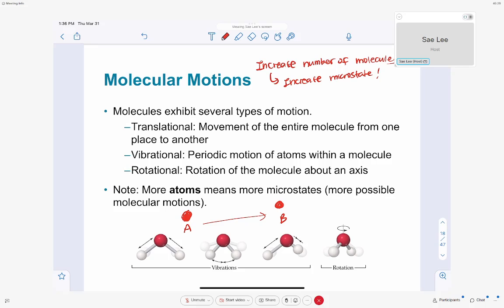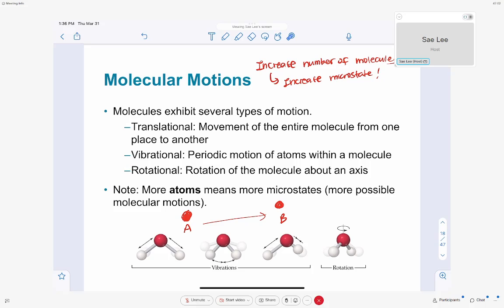Vibrational motion is a periodic motion of individual atoms within a molecule. The entire molecule doesn't really move, but the atoms within the molecule shake and vibrate. As you can see over here, these atoms are attached to another atom; this entire molecule doesn't move, but these atoms connected to this atom vibrate, they shake sideways.